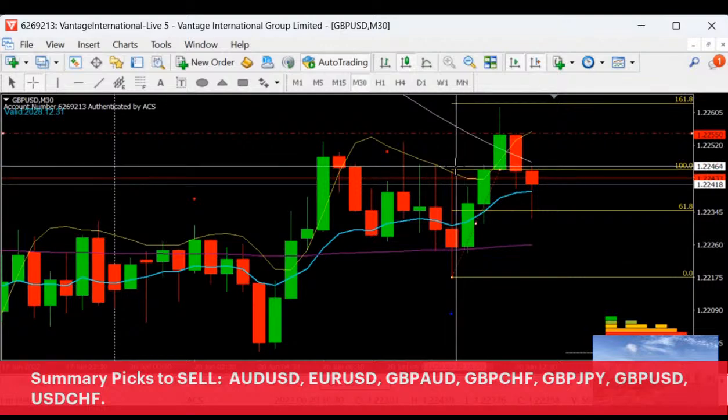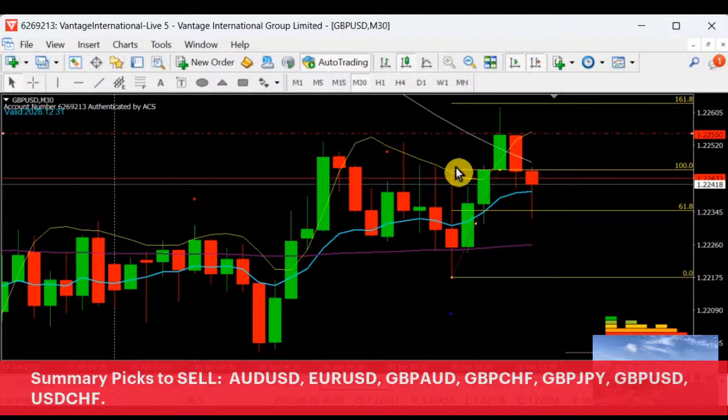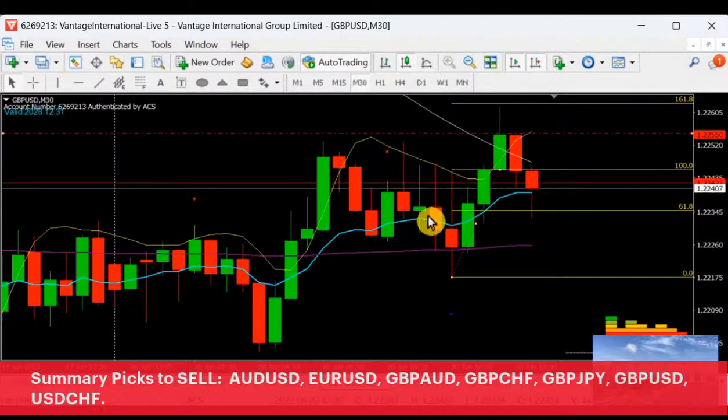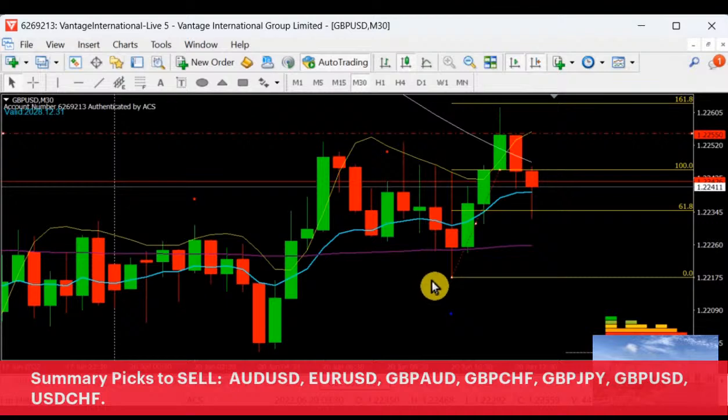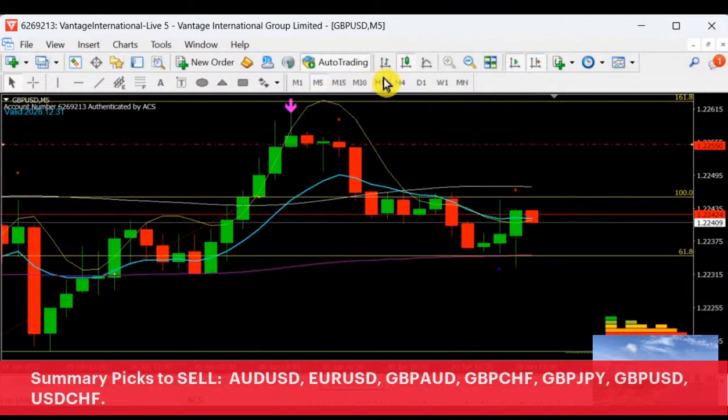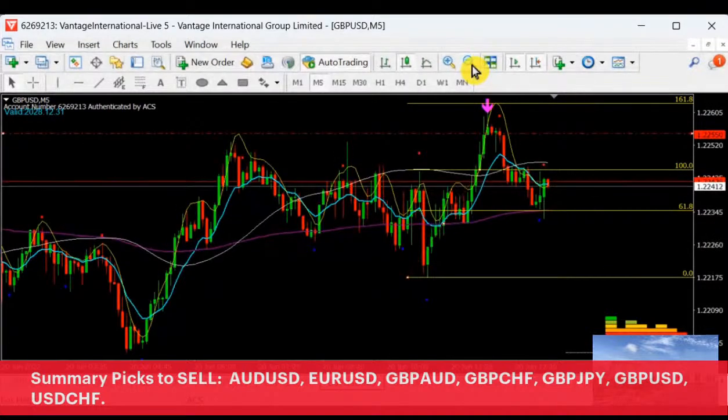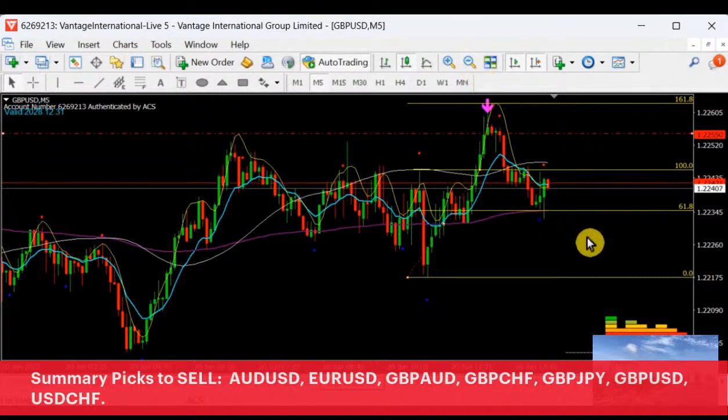This candle. It is still quite struggling at this moment over here. Very struggling. Right, as we can see, the 61.8 here is also moving with my purple line.